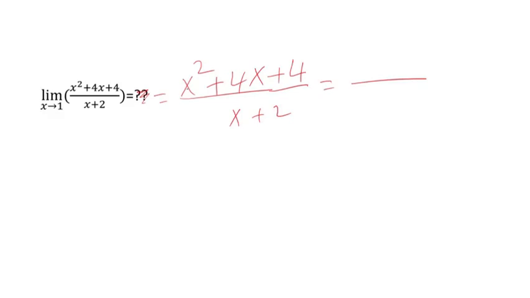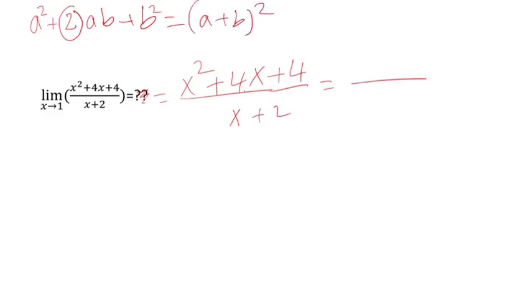Again, I see here an x squared, and I see this 4 is going to be a square, and I see here a 4x. So this gives me a hint that it looks like the identity a squared plus 2ab plus b squared, which is the same as a plus b quantity squared. So let me write this.